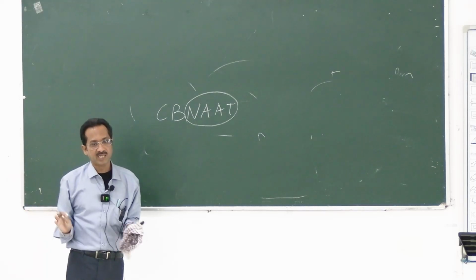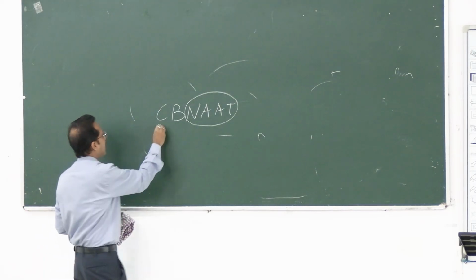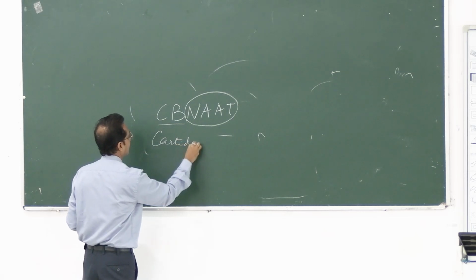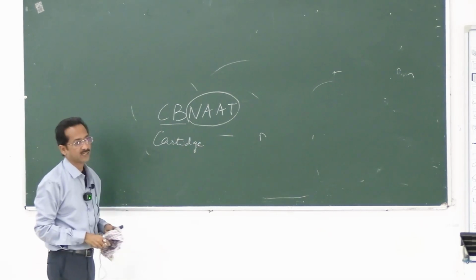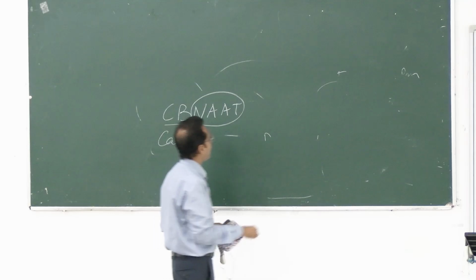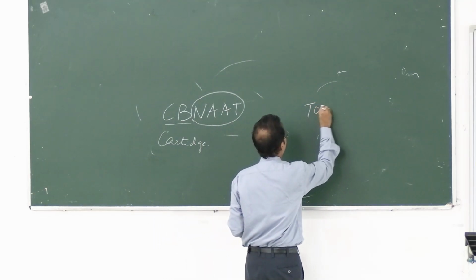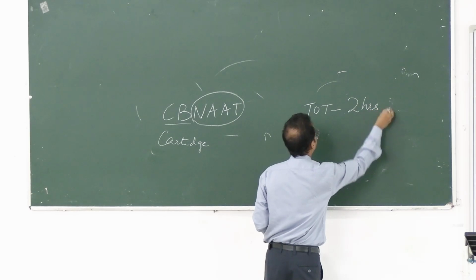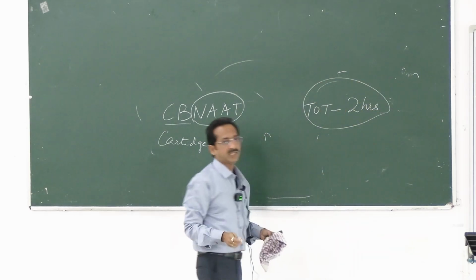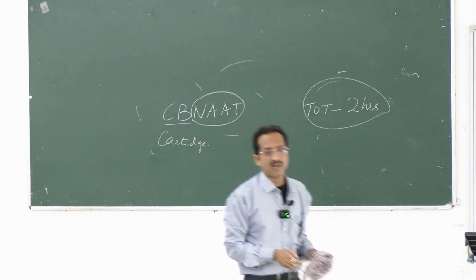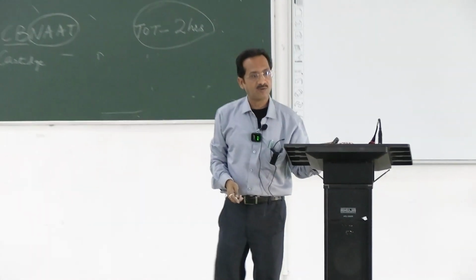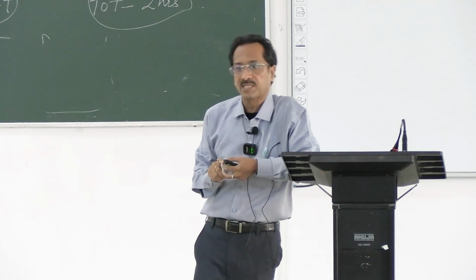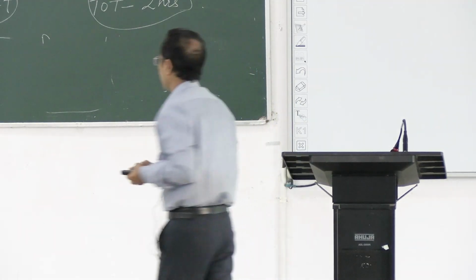Any PCR is a nucleic acid amplification test, and this is cartridge based. The advantage is turnaround time; the duration of the test is 2 hours only. So you can detect tuberculosis along with drug resistance within 2 hours. In culture it takes 6 to 8 weeks, but CBNAAT takes only 2 hours.